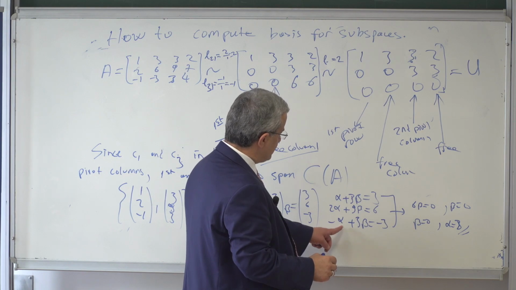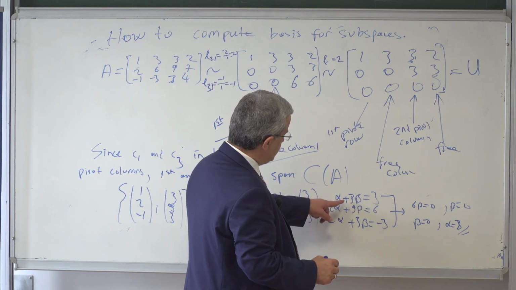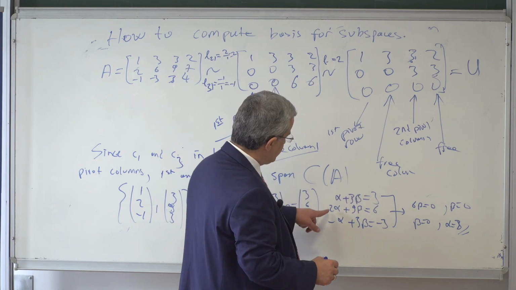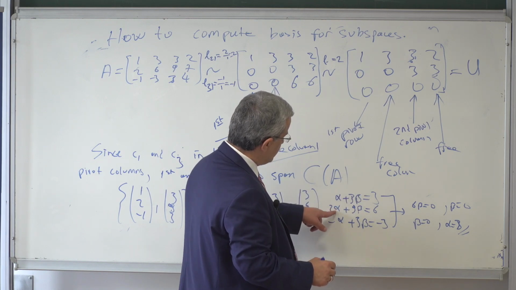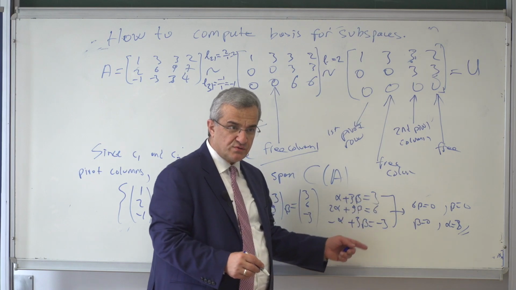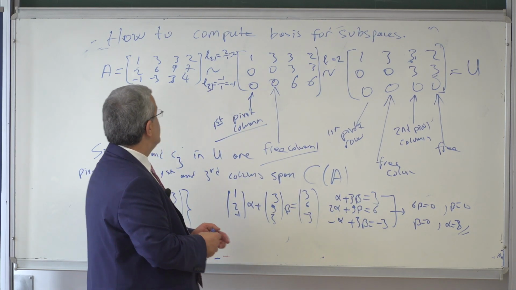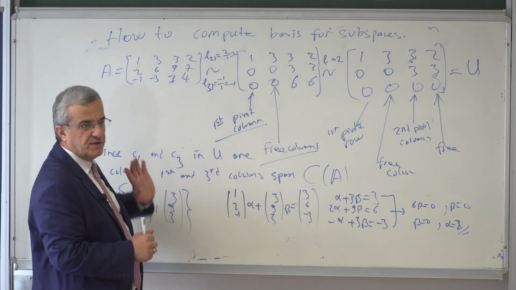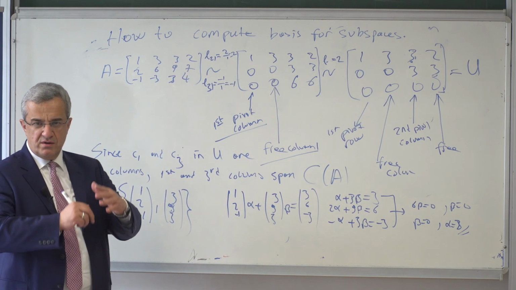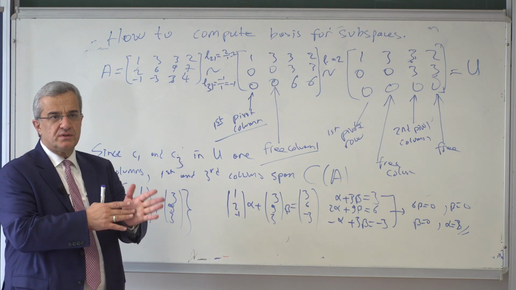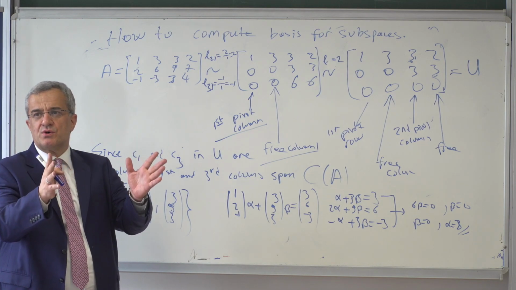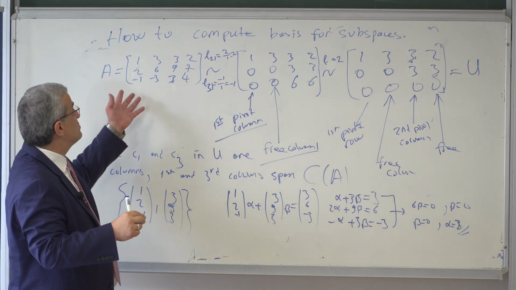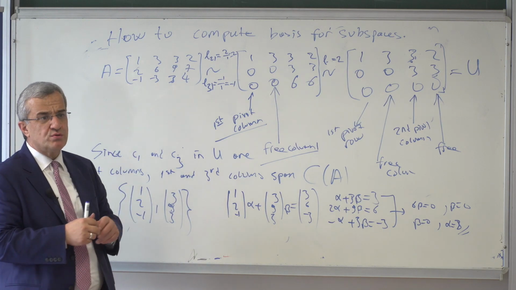Alpha is 3, so this is satisfied. And beta is 0, alpha is 3, so it satisfies all 3 of them. Okay? Similarly, you can find a linear combination of these 2 that will give you this one. So therefore, the entire column space is spanned by these 2 columns.